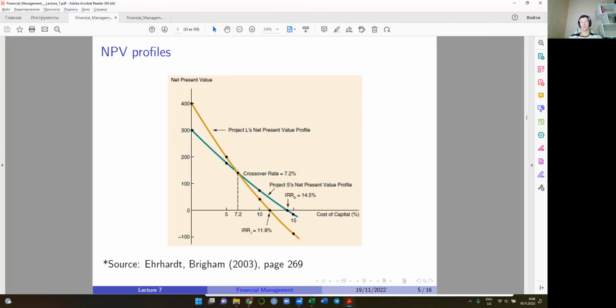Net present value of project S equals net present value of project L when cost of capital is 7.2. Basically, we are not able to choose with the help of net present value which project is better, S or L, if cost of capital is 7.2.